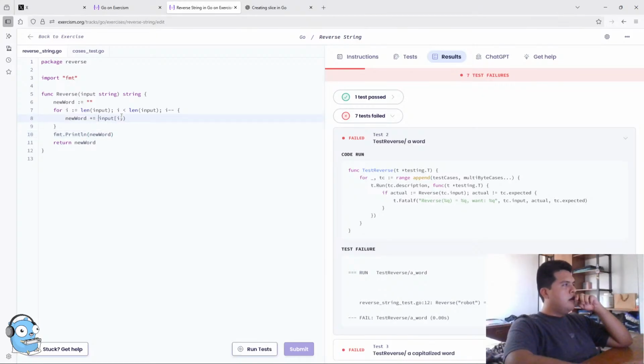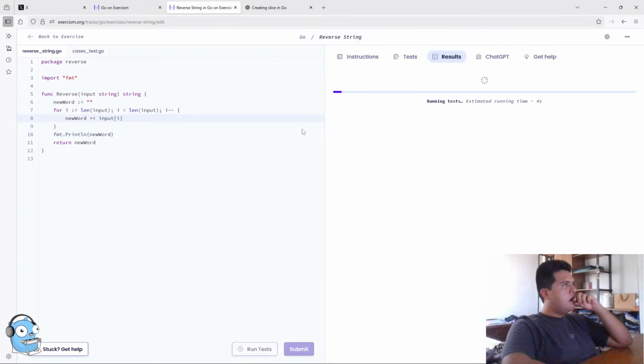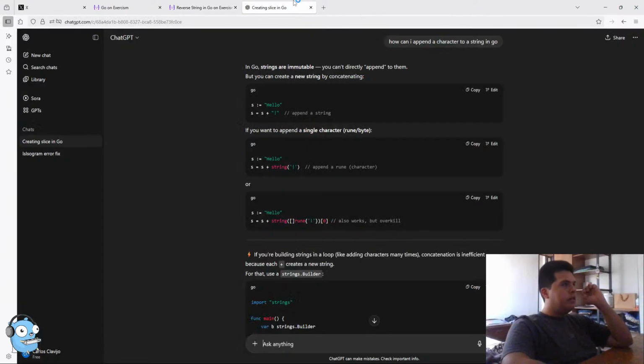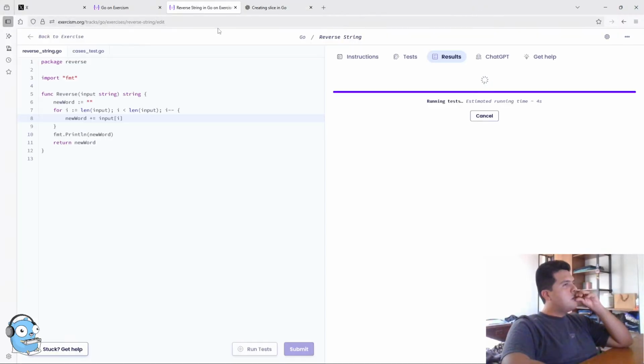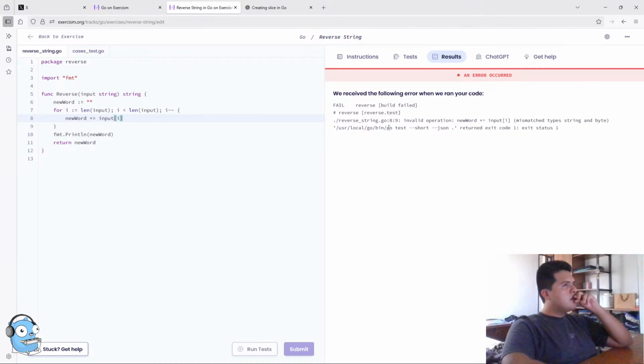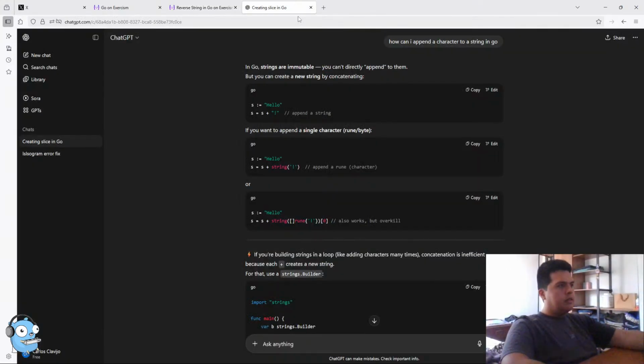Maybe without a string, maybe not. Append a rune character.